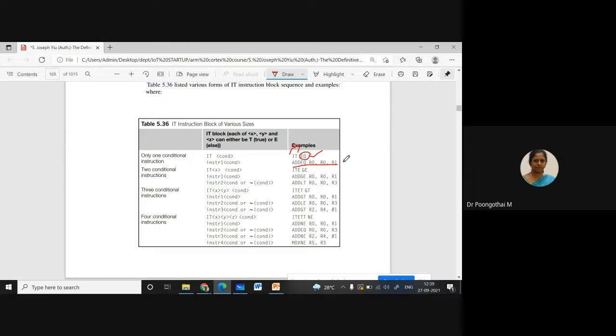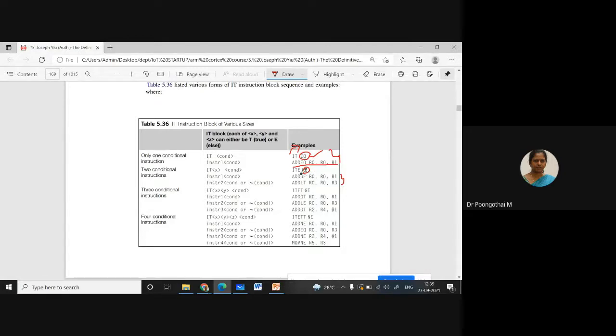That is the meaning. So in a one conditional instruction group, we can have one conditional statement. In a two conditional instruction group, we can have two conditional statements. The syntax is if, then, else, and conditional attribute.